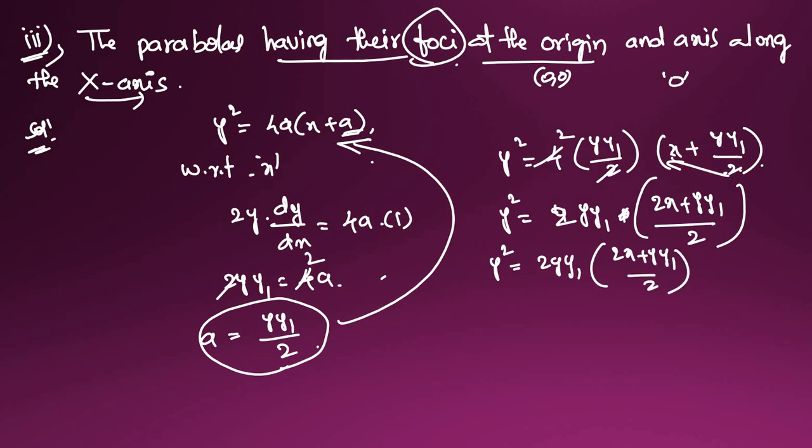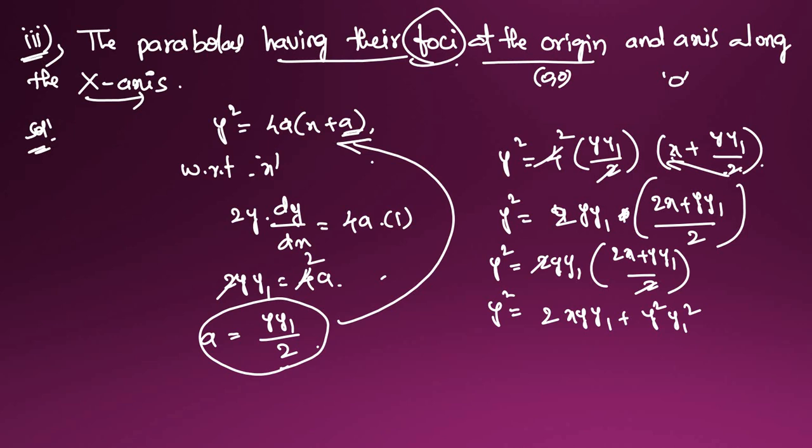So 2 will get cancelled here, and again y square is equal to 2 into x y1 will come plus y1 y square plus y1 square will come here. Lastly y square y1 square will come here, and this is the answer here.